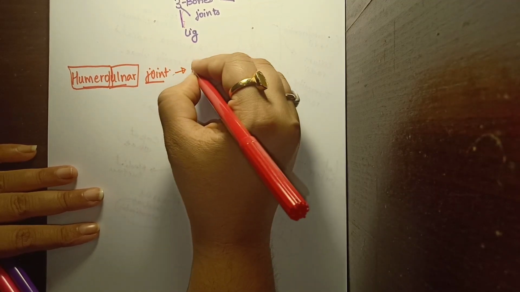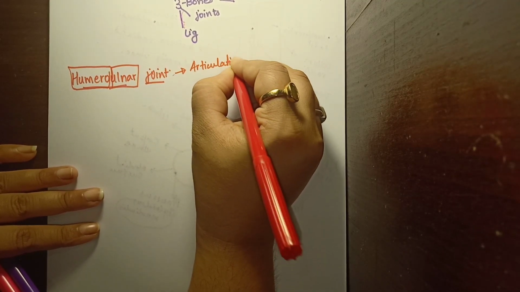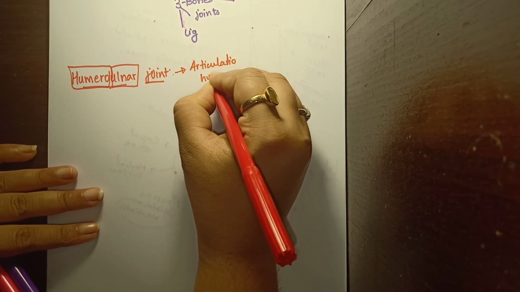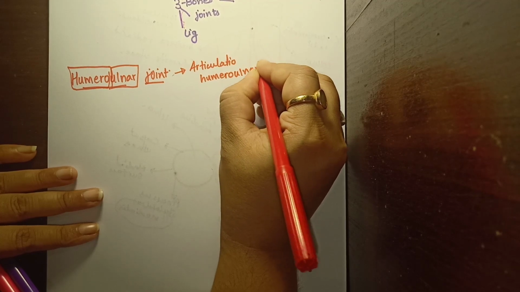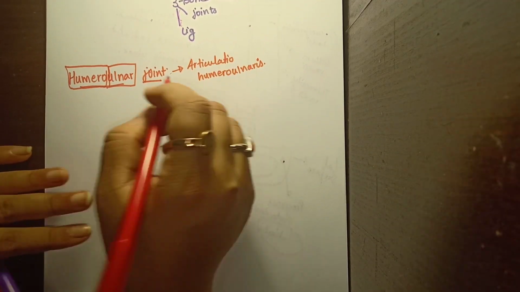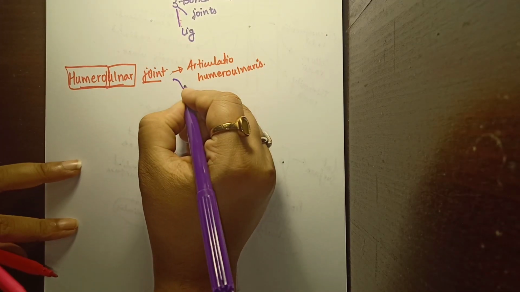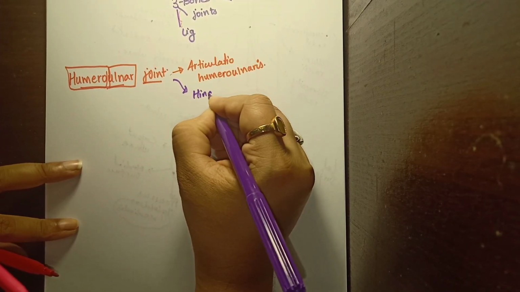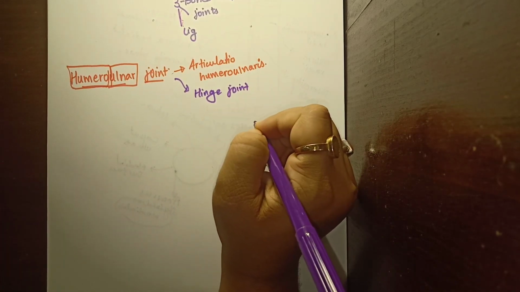Here I will write articulatio humero-ulnaris. Okay, it is a hinge joint. So please remember this, because it is a mostly asked question in the viva and in MCQs.